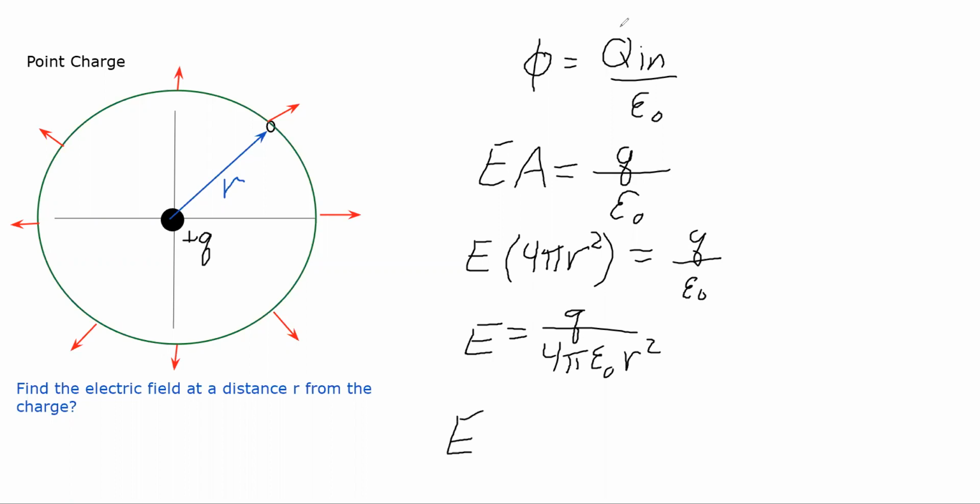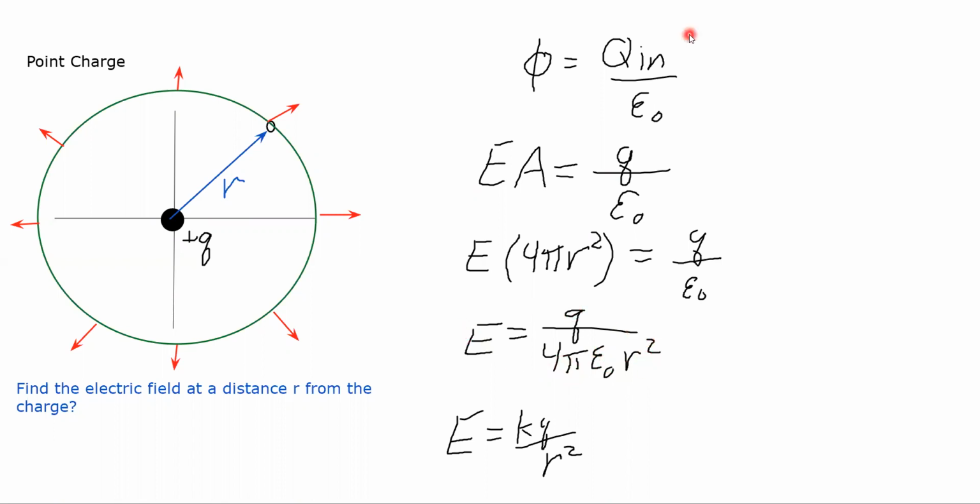Remember we got E equals kQ over r squared? Well, this is the same thing, because k could be represented with 4 pi epsilon 0 in the denominator. So just a simple example of how you use Gauss's law, and we get the expression that we're used to seeing. This is what we would expect from a charge.